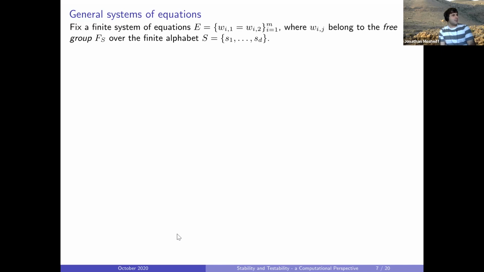We're going to fix a system of equations of the form wi1 equals wi2, where these wij's are just words in the free group over some fixed alphabet S. For those of us who are really not from this field, the free group is just the group consisting of all words over this alphabet and their formal inverses with concatenation. So it's basically just words that we can write using this alphabet.